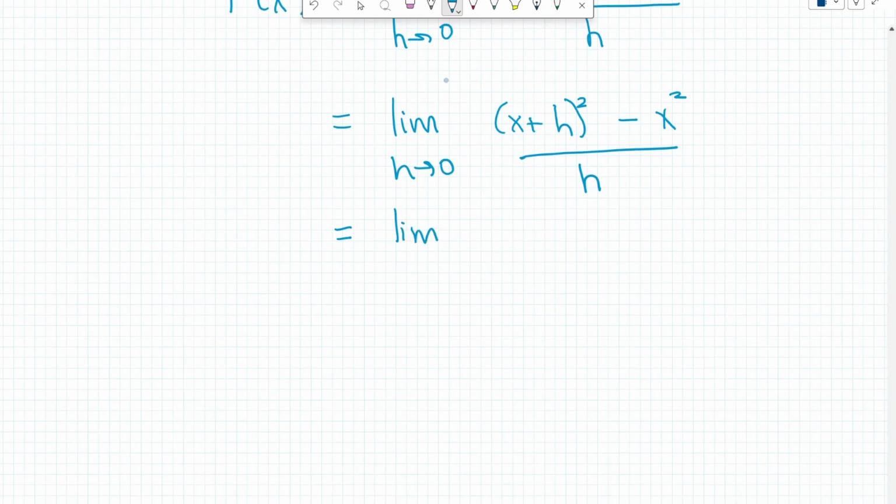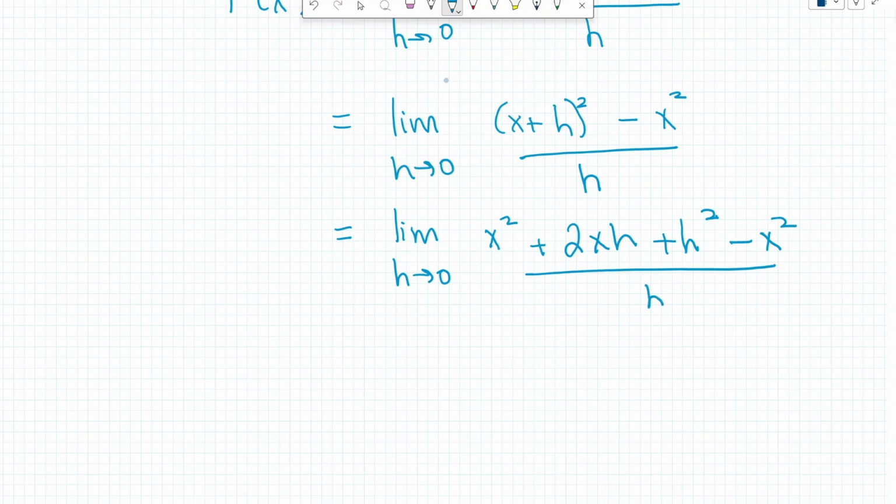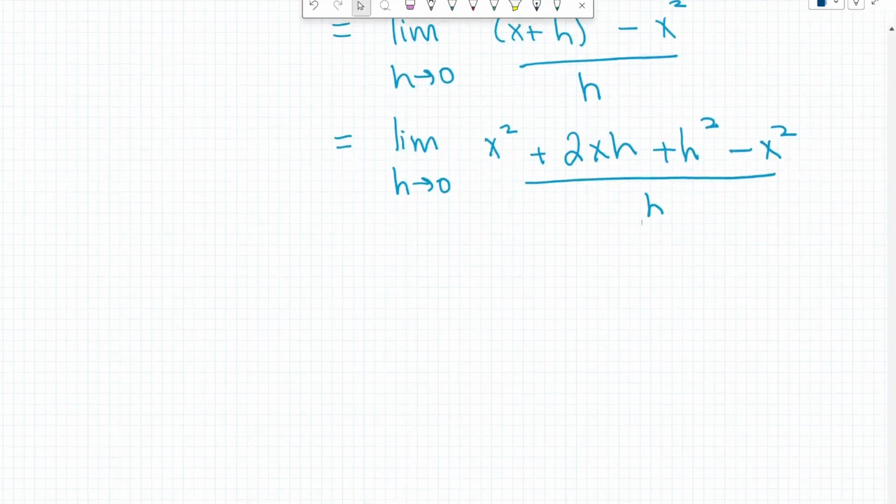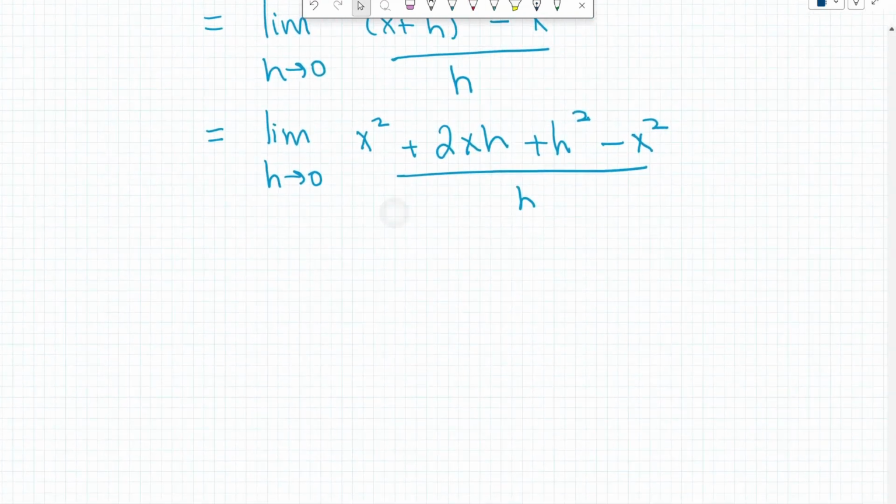So we have the limit as h approaches 0 of x squared plus 2xh plus h squared minus x squared all over h. So let's see what we can do to simplify this equation.